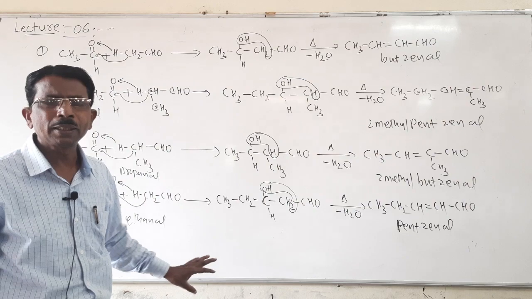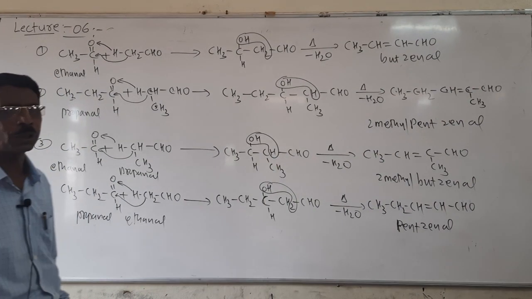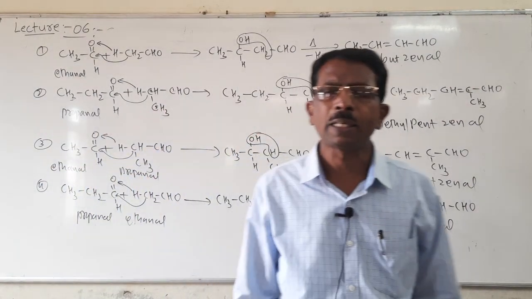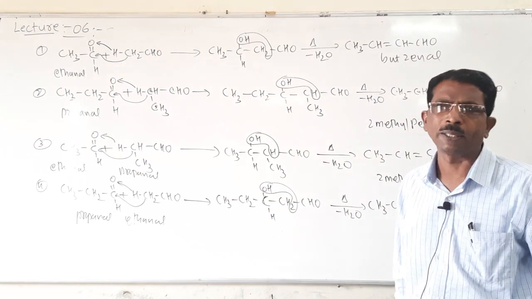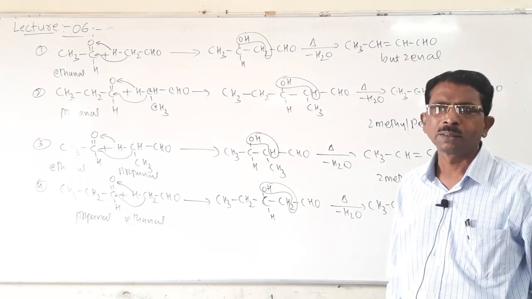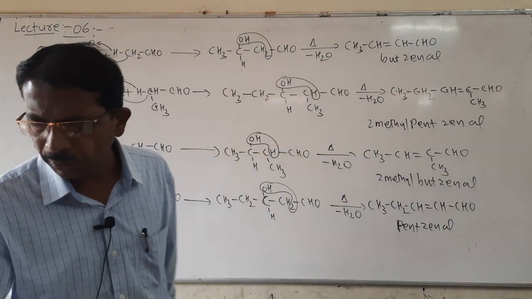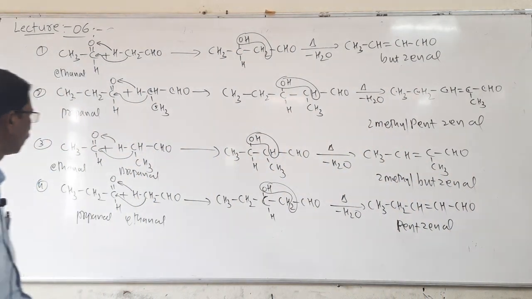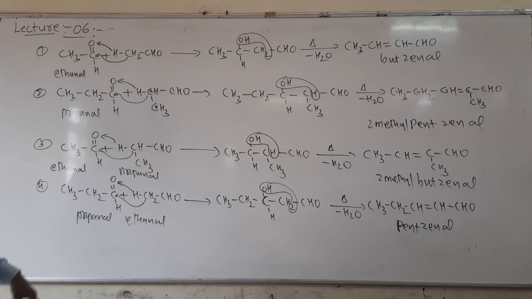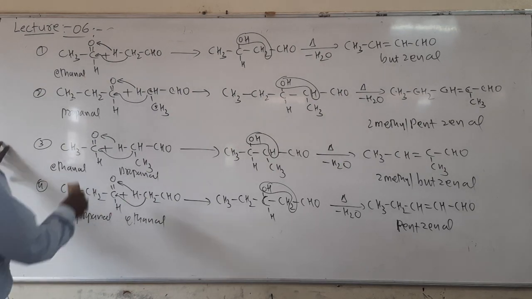That is called cross aldol condensation. You should not write all these details. You write only the first one, which I explained there. That is called a cross aldol condensation. So students, I think it is clear to you all. Here I have written 4 products and how they form. These are the 4 products.